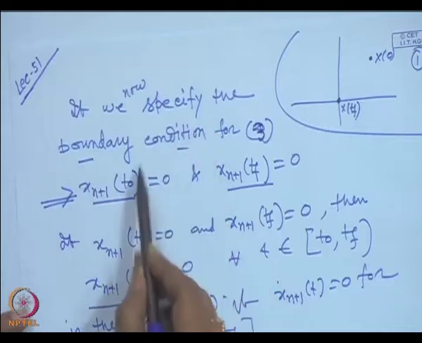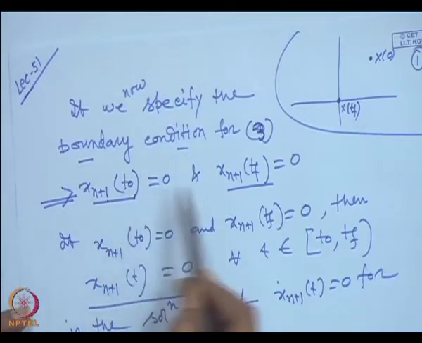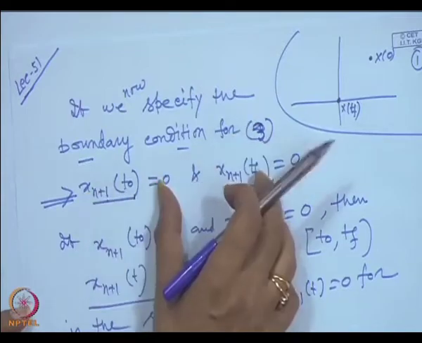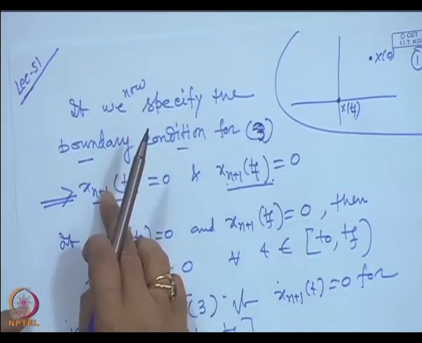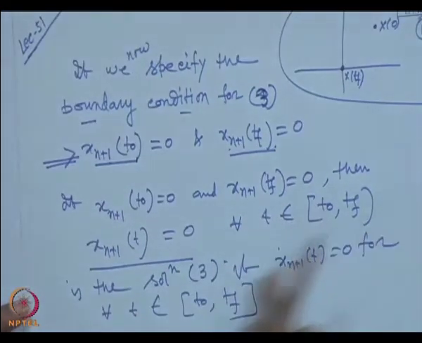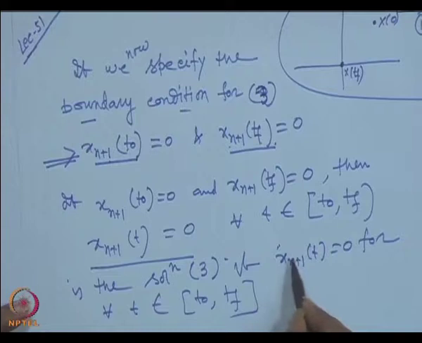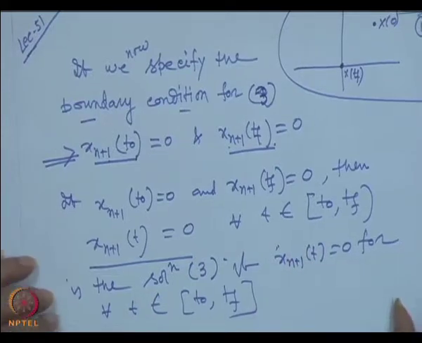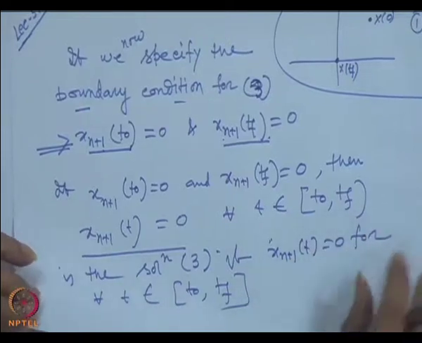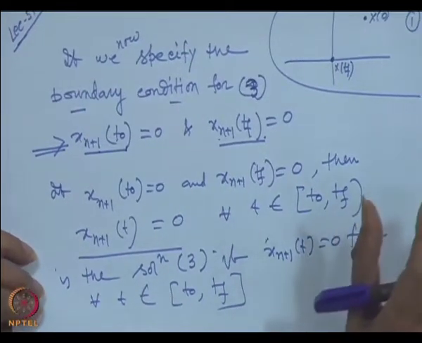With this assumption we specify the boundary conditions x n plus 1 of t 0 is 0 and x n plus 1 of t f is 0. With this boundary condition, x n plus 1 of t is 0 for all time, provided the inequality constraint is satisfied.